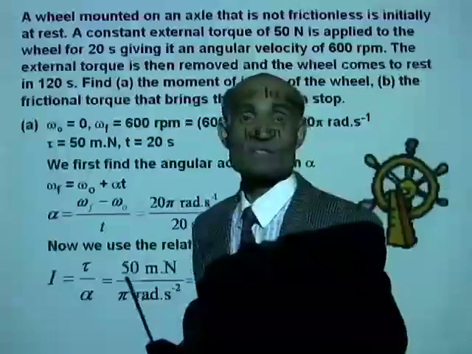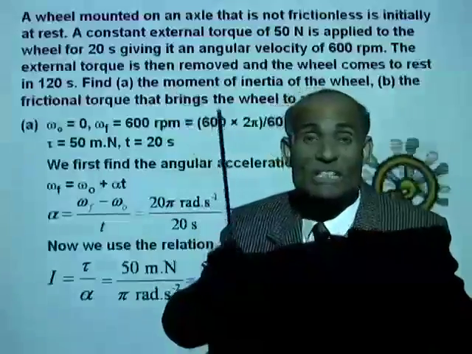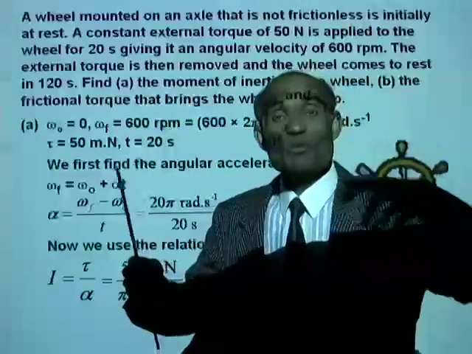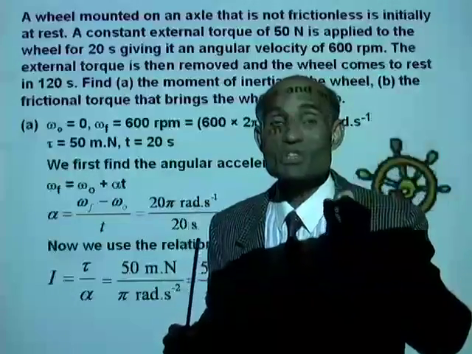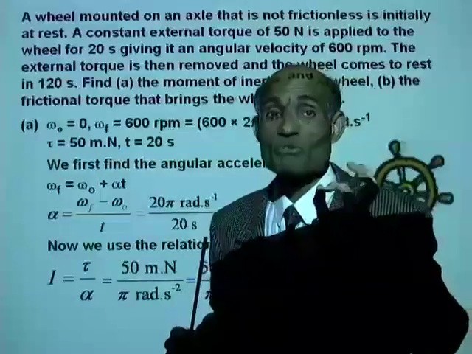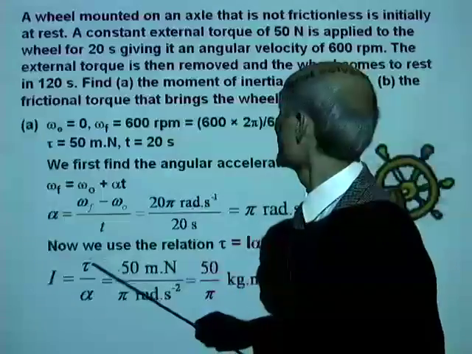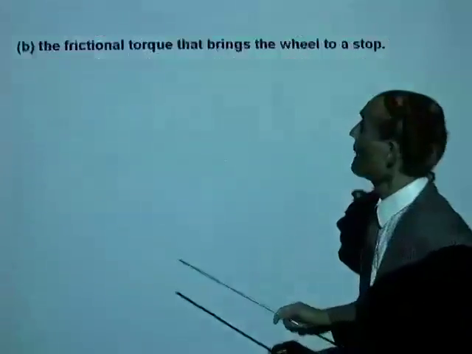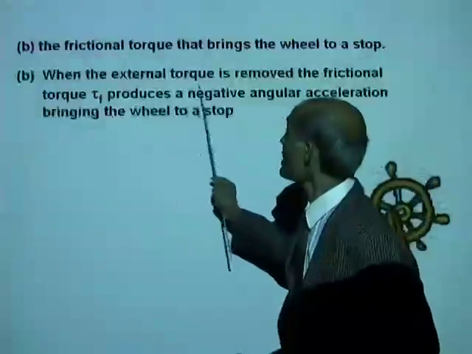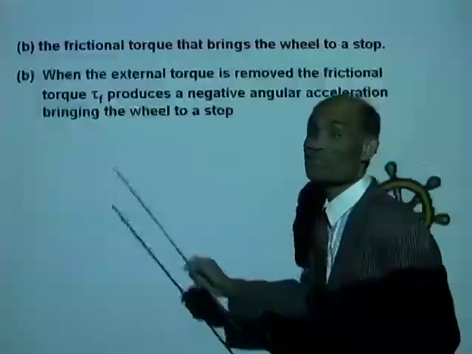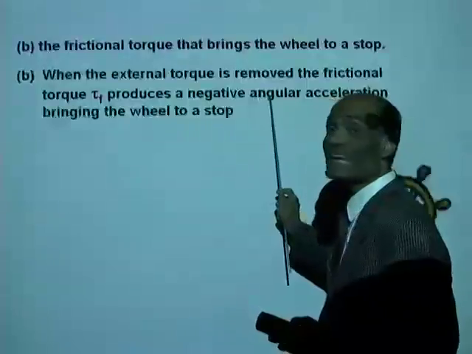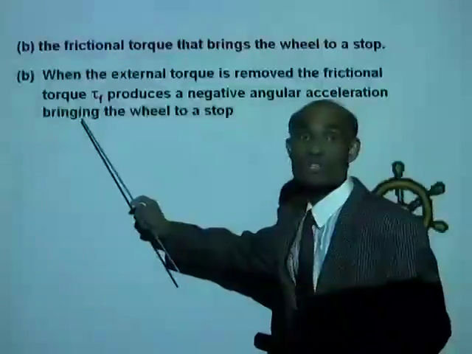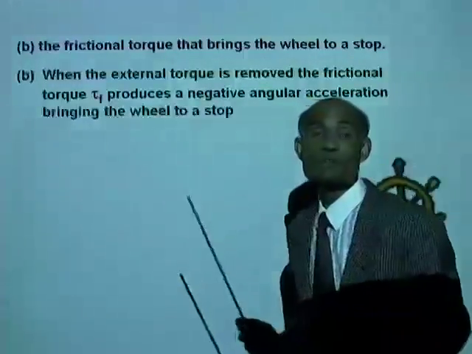In the next part, the external torque is now removed and the wheel is going to come to a stop under the action of the frictional torque. When the external torque is removed, the frictional torque, let's call it tau F, produces a negative angular acceleration, bringing the wheel to a stop.